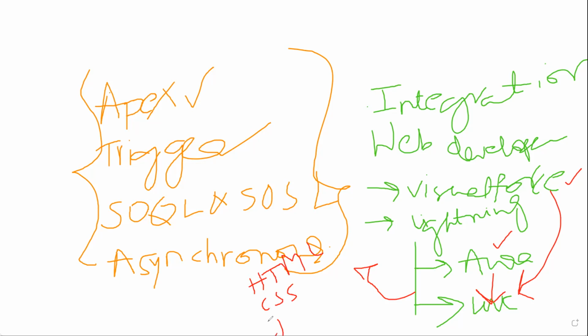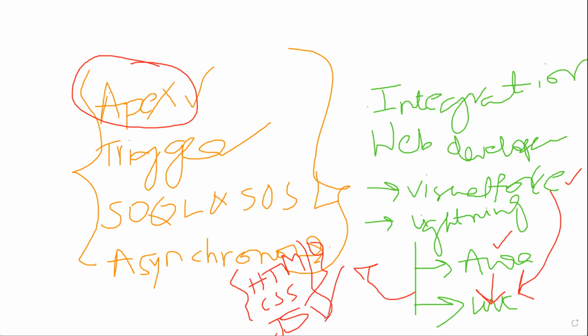For the front end, you need to be familiar with HTML and CSS. Sometimes, to fetch the data from the Salesforce database, we take help of the Apex programming language, and to fetch the data from Apex or the Salesforce database, we need to take help of JavaScript. You should be familiar with these things before going to LWC.